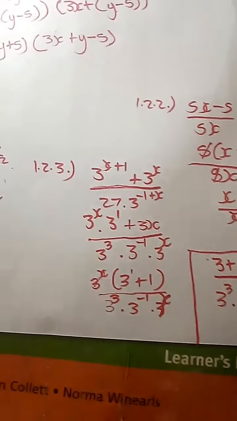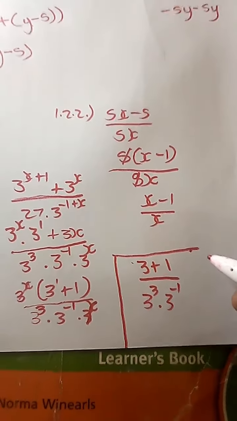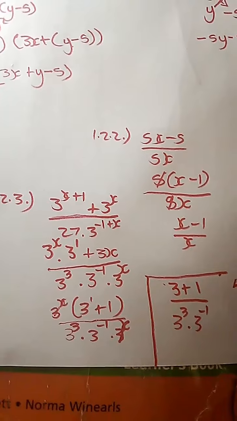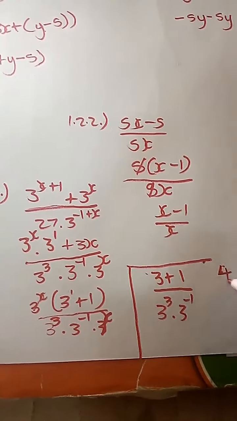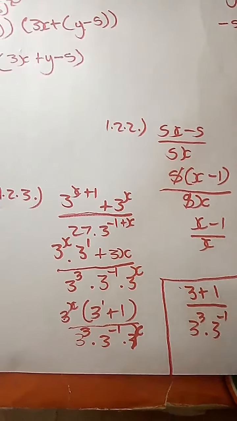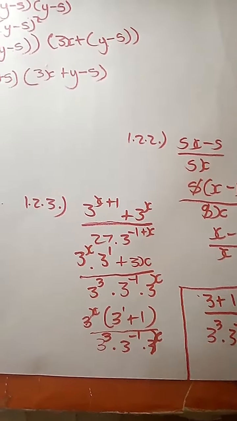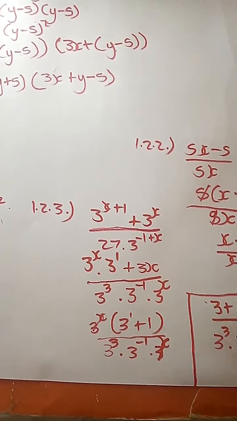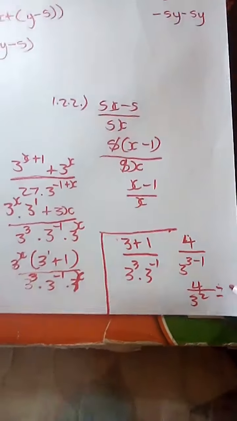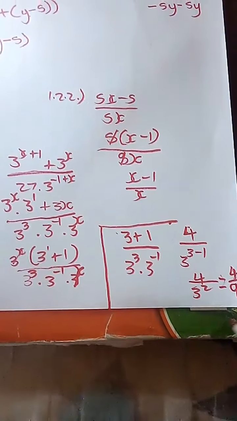So it's going to be 4 all over 3 to the power 3, and then 3 plus negative 1 is simply going to be 2, which is 4 over 3 squared, which equals 4 over 9, and that will be our final answer.